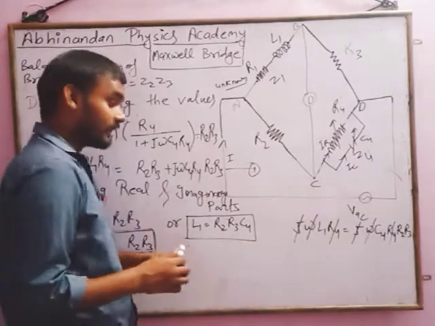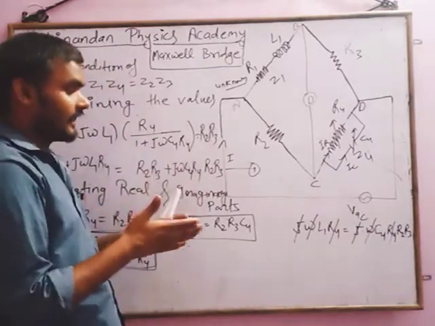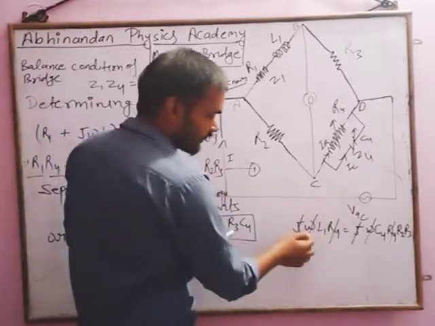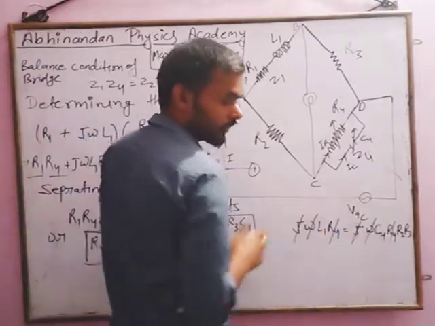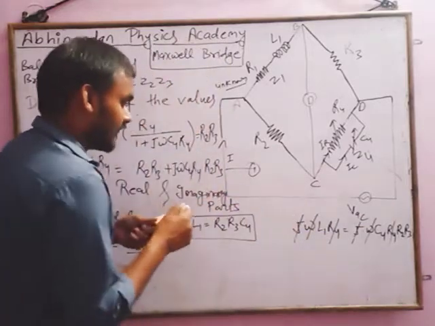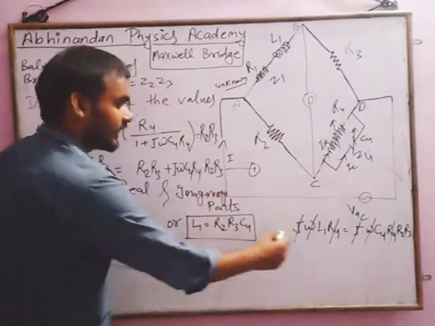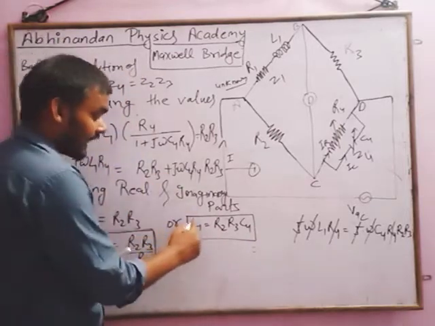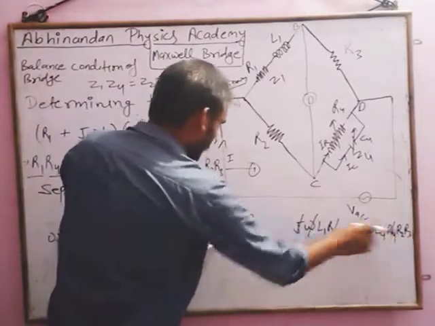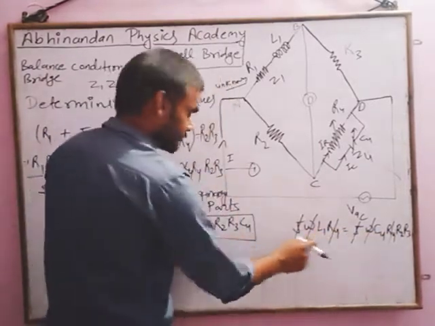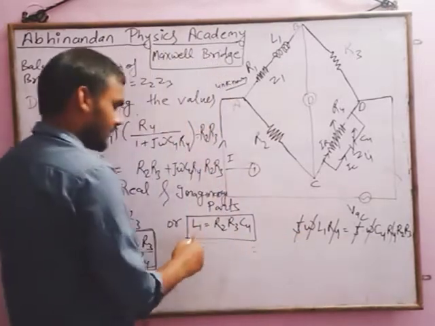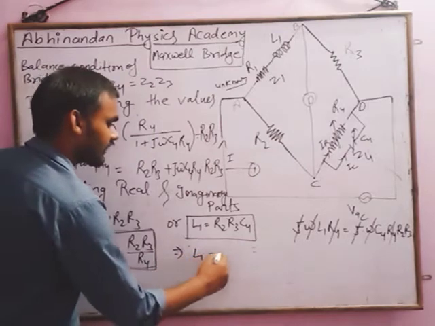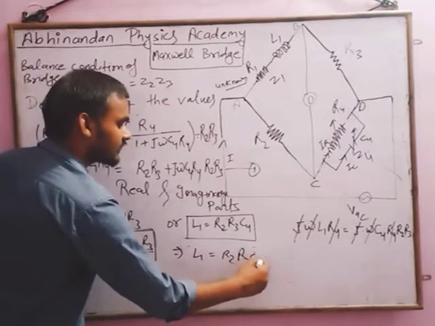Some values cancel out: j to j, omega to omega, R4 to R4. So the left part is L1, the self-inductance of the Maxwell bridge. L1 is equal to R2 R3 C4.